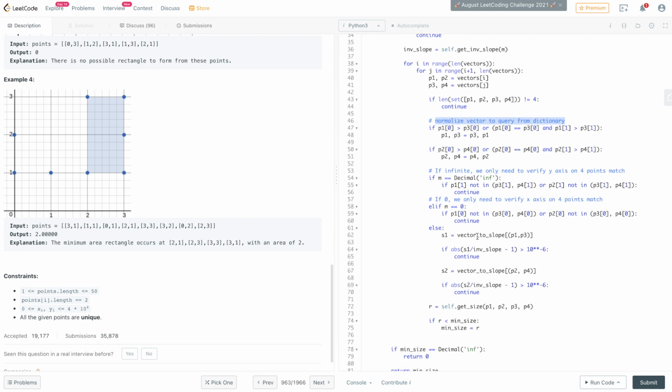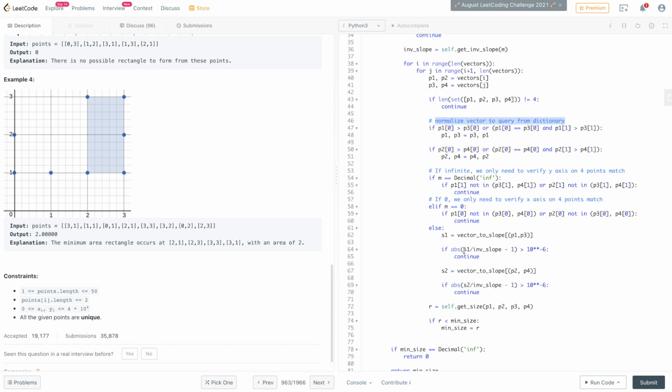And for all the other vectors, we need to check whether the slope that's formed by the opposing vectors P1 and P3 resolves to the inverse slope. In this case, because we're dividing decimal by decimal, it would not be accurate to check whether they're exactly equal.